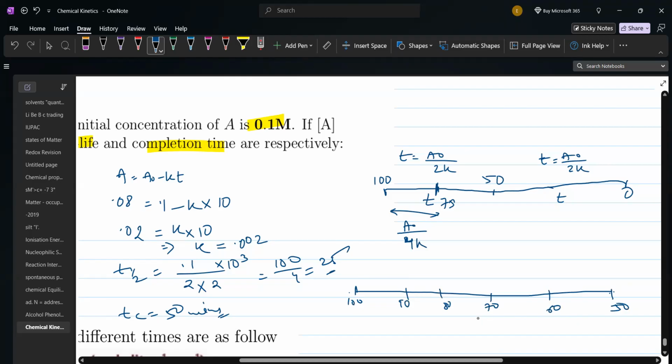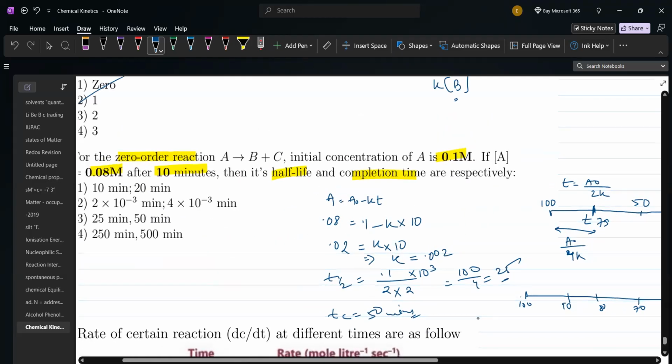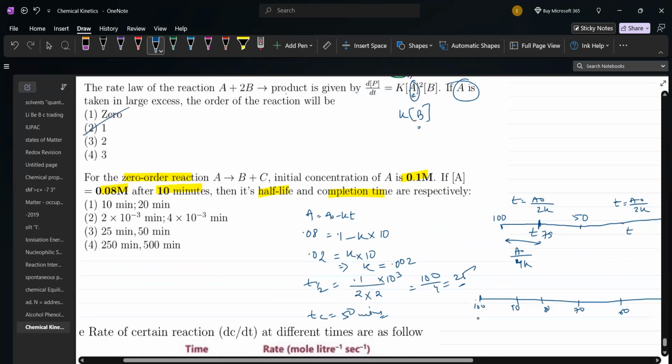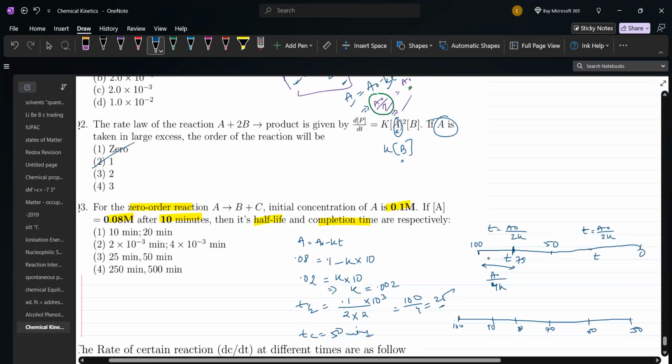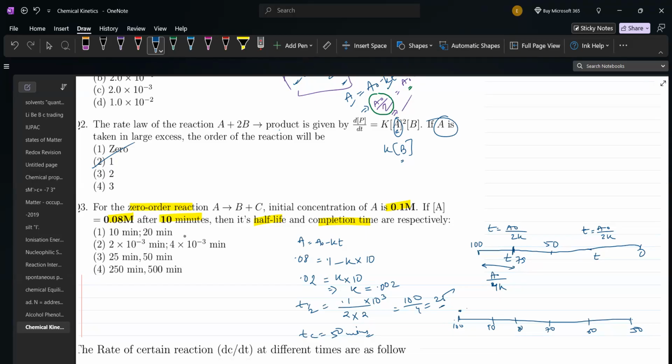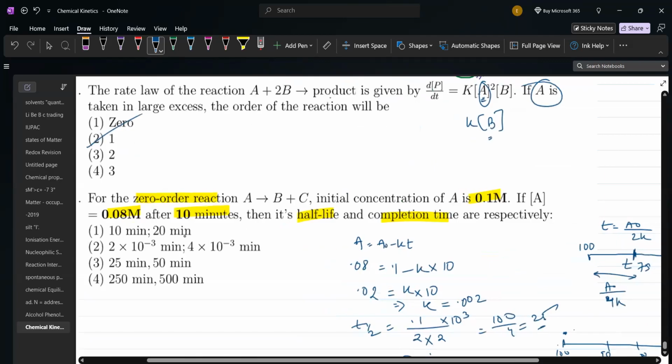In this question, let's try to solve it through this method. In the zero order reaction, the initial concentration was 0.1, and after 10 minutes it has become 0.08.